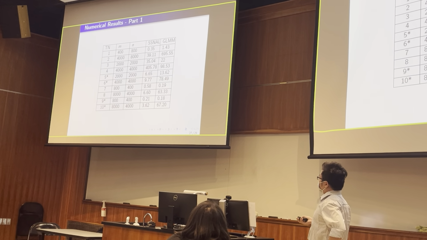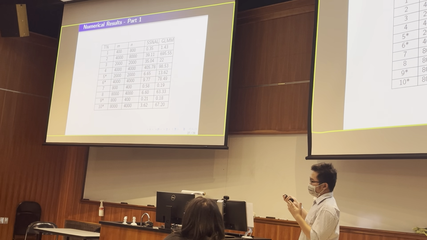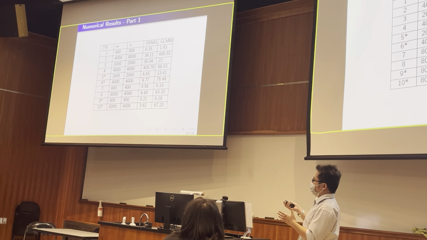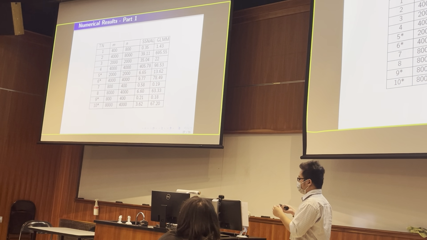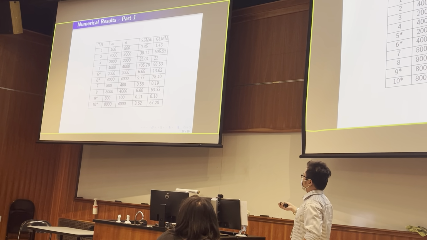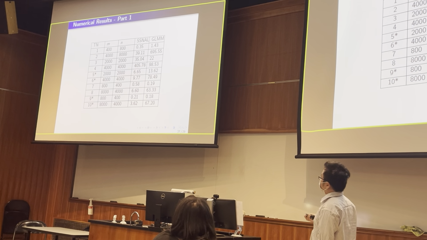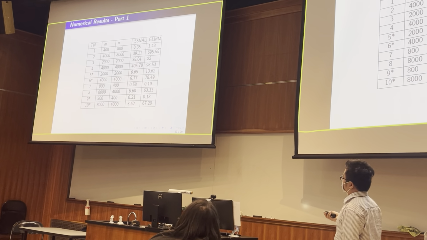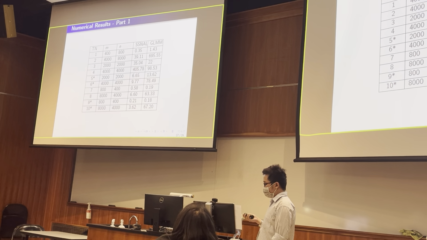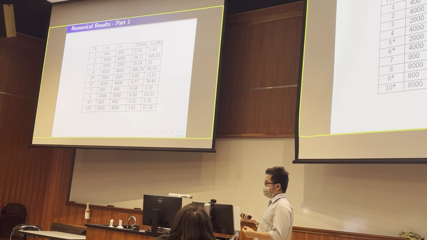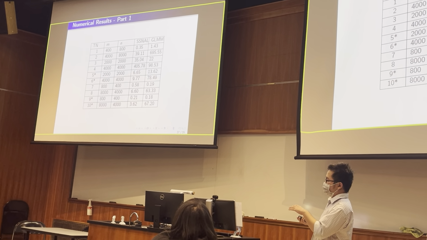Okay, so we will talk about part one of our numerical results. You can see that we put a star, for example 5 star and 6 star here. We use the star to indicate that the matrix A here is singular. And as you can see, our algorithm is very efficient in the case where the data is non-singular and in low dimensional space.